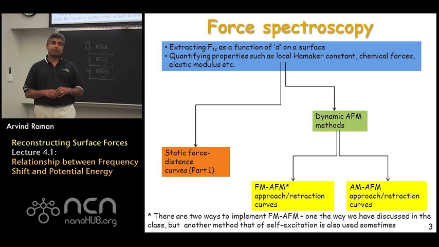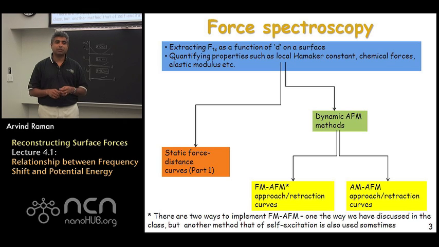I do want to point out that throughout this class we've been focusing and talking about frequency modulated AFM in the context of two different feedback loops, one which is a phase lock loop and the other one which changes the excitation to keep the oscillation amplitude constant. In reality, there are more than one ways of implementing FM-AFM.